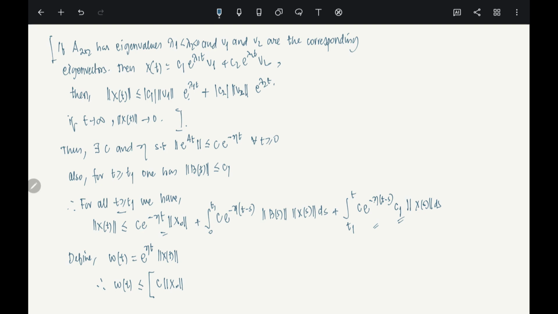So now e to the power eta t I can take everywhere. So this term and this term I will just put it together. Okay, right. Sorry about the confusion. Okay. So this term plus the integral from t1 to t of c times e to the power eta s. See, this term e to the minus eta t goes that way, right?